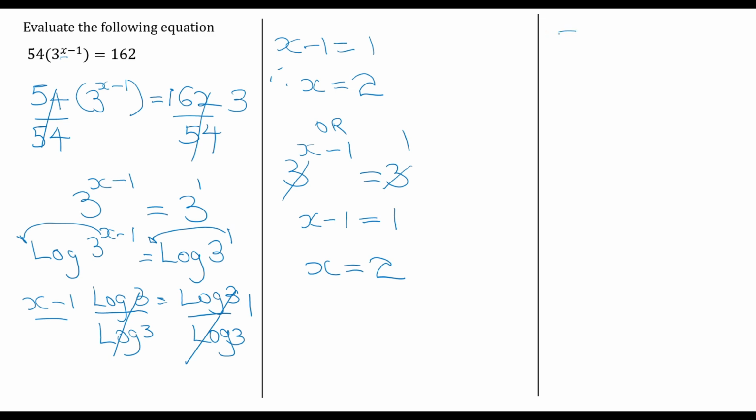So you have 54 into brackets 3 to the power 2 minus 1 is equal to 162. Let's see whether it satisfies the equation. You have 54 times 3, of course 2 minus 1 is 1, and it becomes 162.